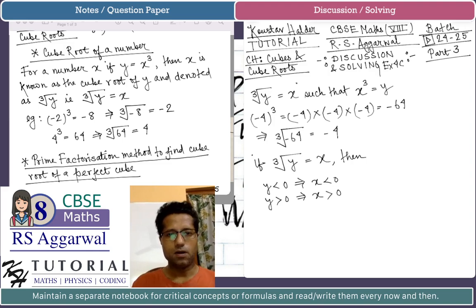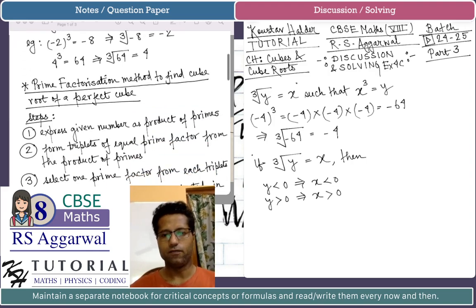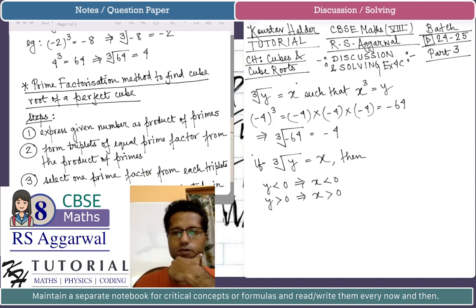Now, how do we find the cube root of a perfect cube using the prime factorization method? So what is a perfect cube?